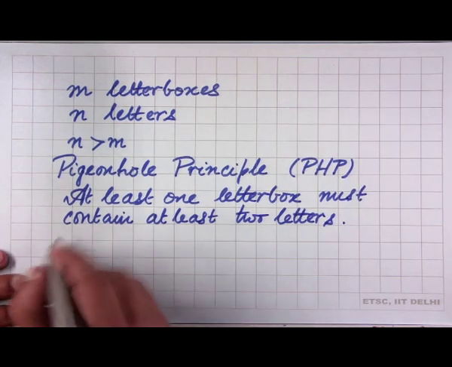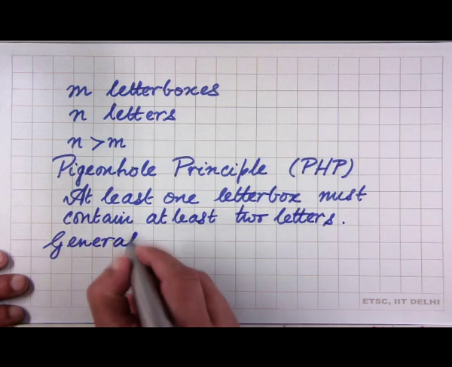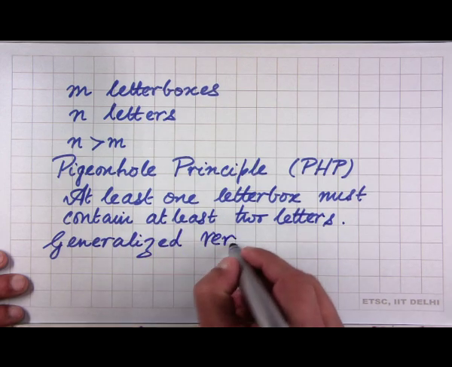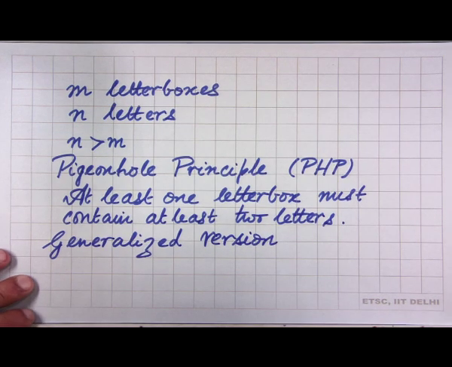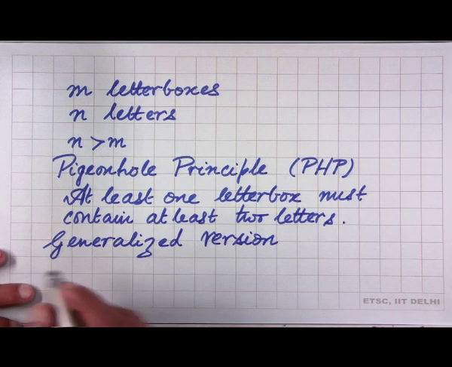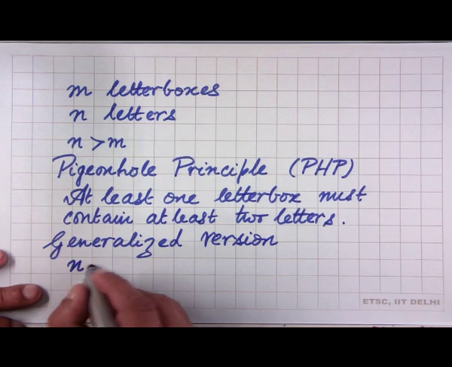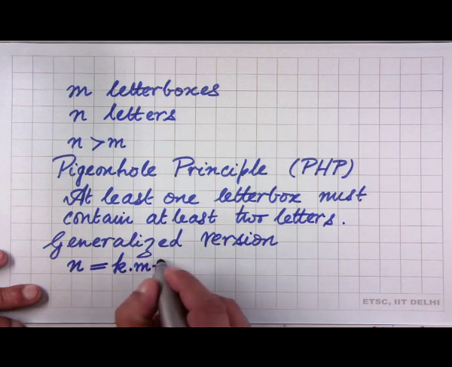There's a more generalized version of it, really an extension of this. This is a generalized version of the Pigeonhole Principle, which I'm writing in the same sheet. Let's say the number of letters n is k times m plus 1.